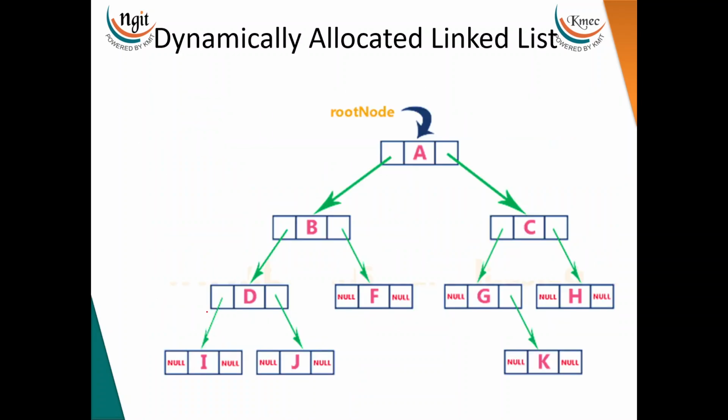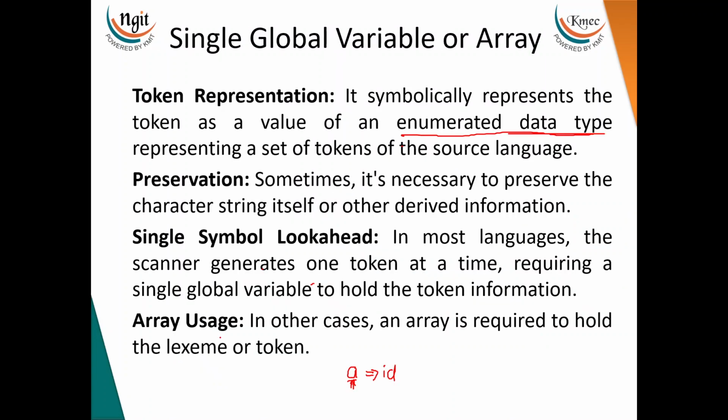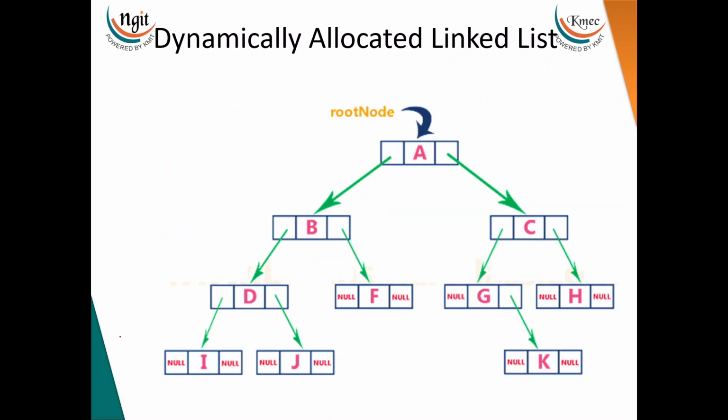Then the second one is dynamically allocated linked list. In the first phase of the compiler, lexical analysis, we generate the tokens, and we have discussed how they are remembered. Then in the next phase, the tokens are going to be organized as trees, the parse tree. So what data structure do we use for the parse tree?